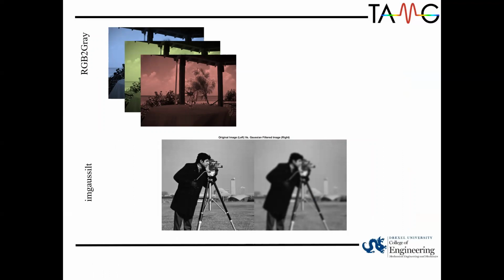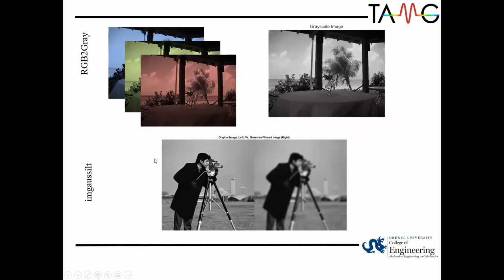But some of the common functions that you'll be using within MATLAB for this homework assignment would be your RGB to gray, so basically converting your 3-colored image, so your red, green, blue image, to a grayscale value, using an image Gaussian filter to help you analyze, and you're going to see what that does.